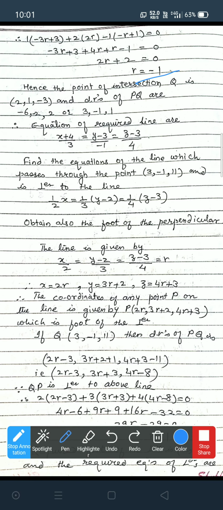And the point of intersection Q is (2, 1, -3) if we put the value of r in the general point. And direction ratios of PQ are -6, -2, 2 or 3, -1, 1 because 2 is common. The equation of the required line is therefore (x + 4)/3 = (y - 3)/-1 = (z - 3)/4.